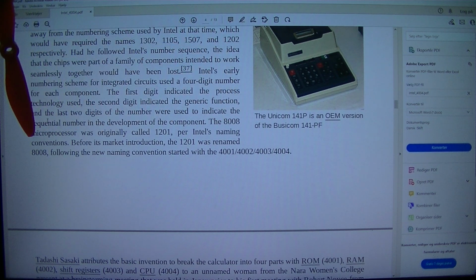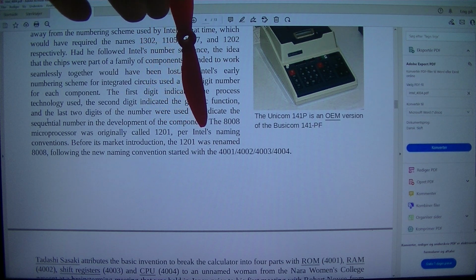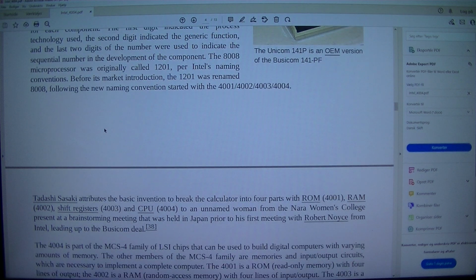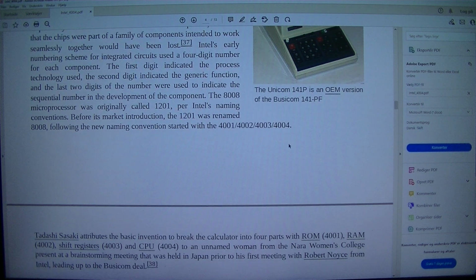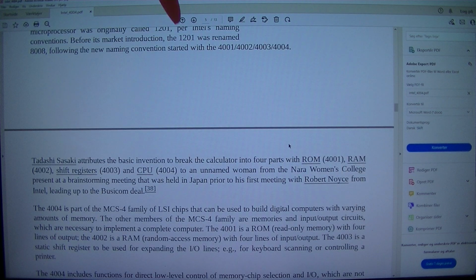The 8008 microprocessor was originally called 1201, per Intel's naming conventions. Before its market introduction, the 1201 was renamed 8008, following the new naming convention started with the 4001/4002/4003/4004.